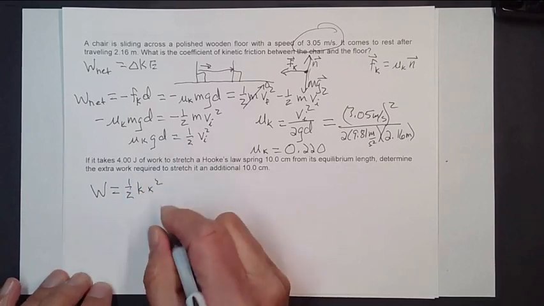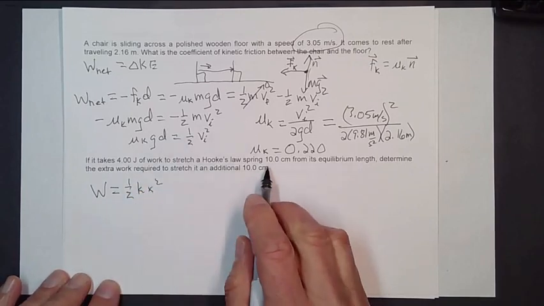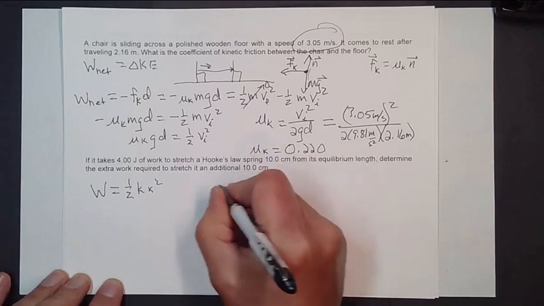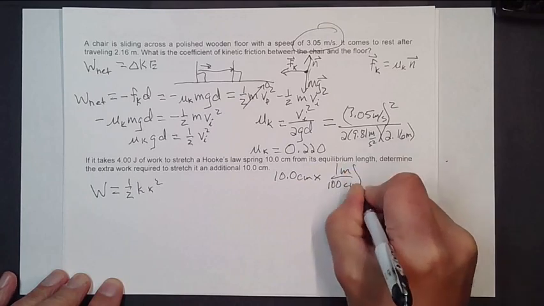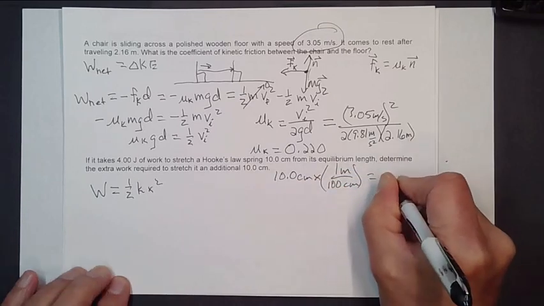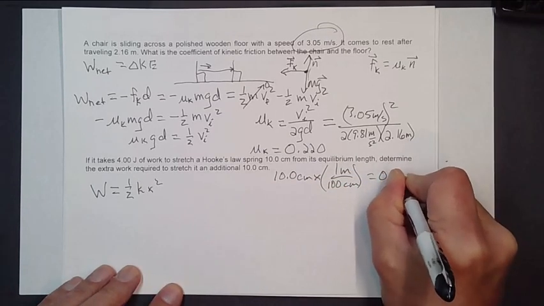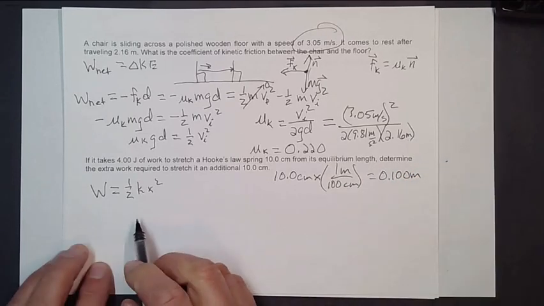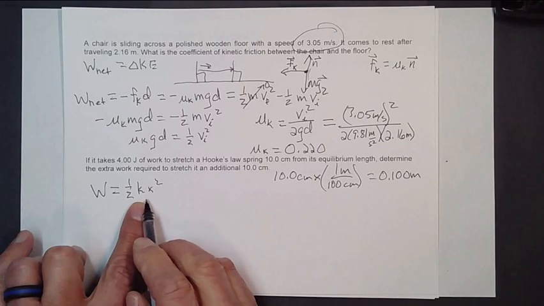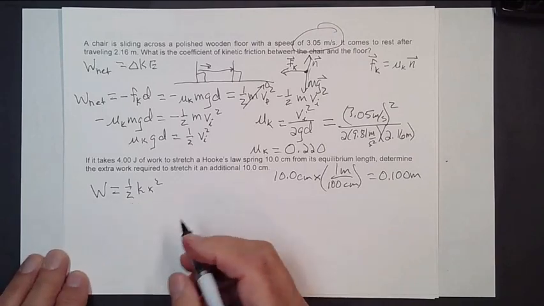We're told that x is 10 centimeters, and by the way, I'll convert that into meters. This conversion factor is exact. We'll end up with 0.100 meters for the amount that we stretch it by.